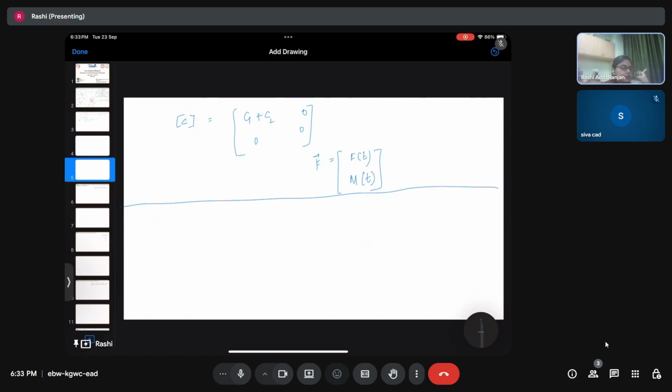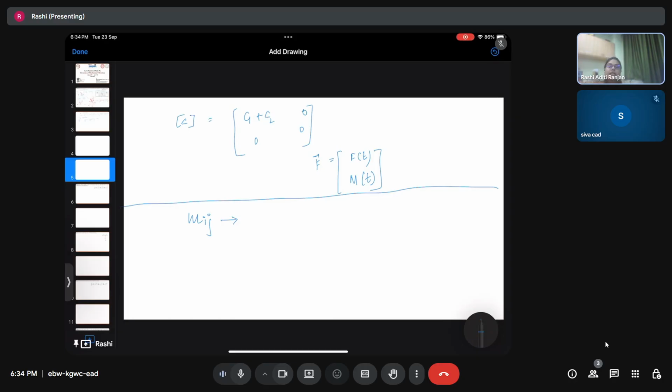So this inertia influence coefficient is found out like Mij. Okay, Mij is essentially nothing but the momentum that is required by the system.